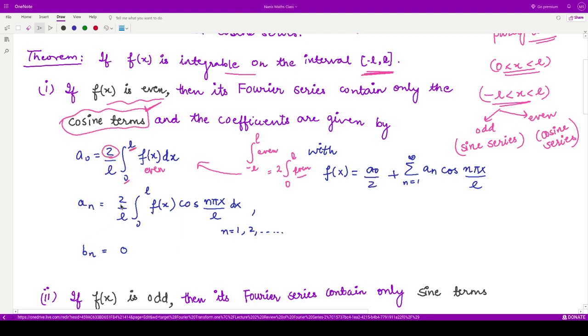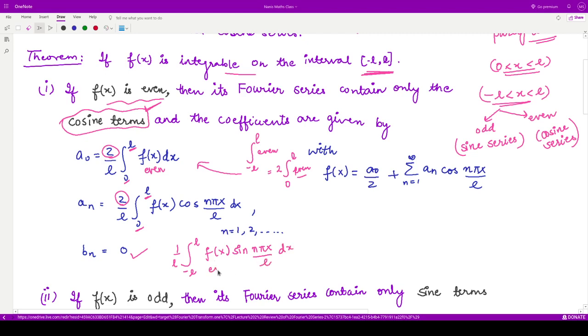Similarly, a_n also becomes 2 upon L times the integral where the limits now change from 0 to L of f(x) cos(n pi x upon L) dx, and b_n in this case is 0. The formula for b_n involves 1 by L integration from minus L to L of the function f(x) into sin(n pi x divided by L) dx.